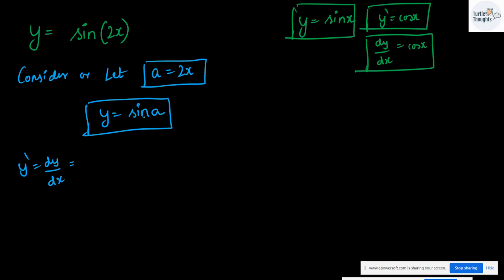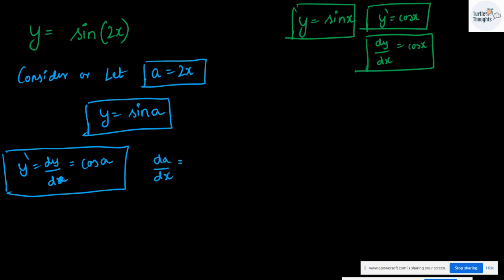If y is equal to sine a, the differential of y with respect to a, sorry, dy by dA, is going to be cos a. I have found out the value of dy by dA. Similarly, if a is equal to 2x, dA by dx, the differential of a with respect to x, is going to be the differential of 2x. What is going to be the differential of 2x? It is going to be just 2.